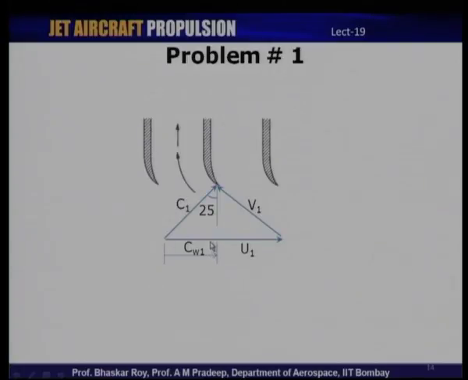So, based on the velocity and the angle specified, we could solve the velocity triangle here, and then we can also move towards solving the velocity triangle at the outlet.